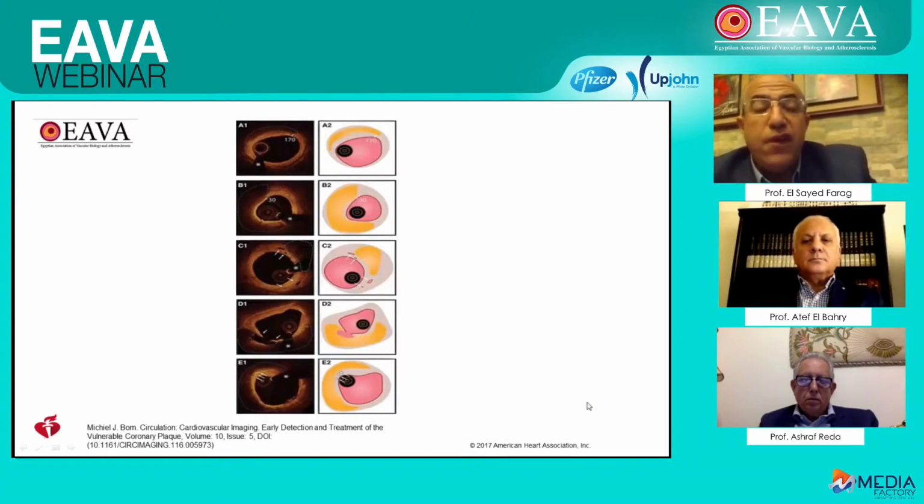Not only by using the IVUS, but also by using the OCT, optical coherence tomography, we can dive deeply through the plaque to assess more the vulnerability of the plaque, the necrotic core, and the thickness of the cap. As we all know, if it is more than 170 micron, it is considered by OCT a thick cap, and if it is less than 65, it should be considered a thin cap, which is a vulnerable plaque.